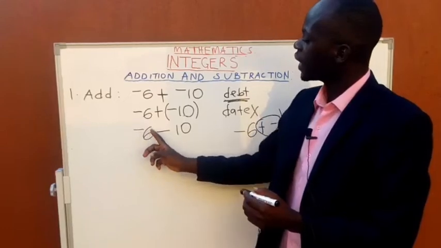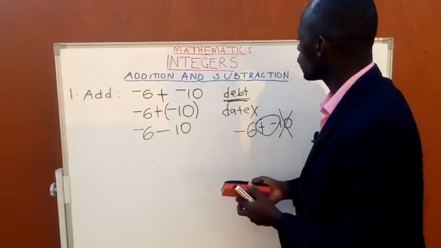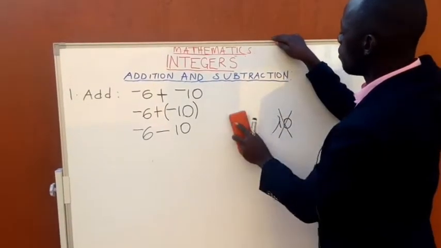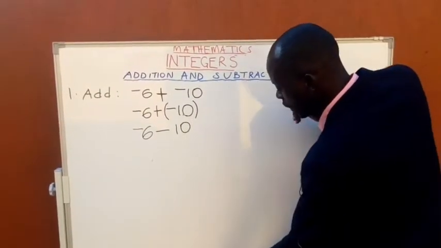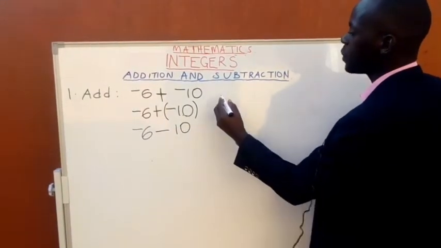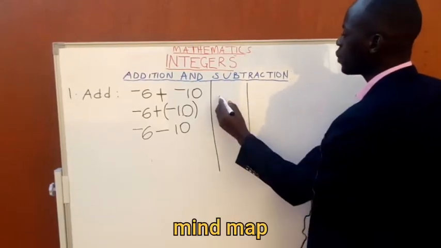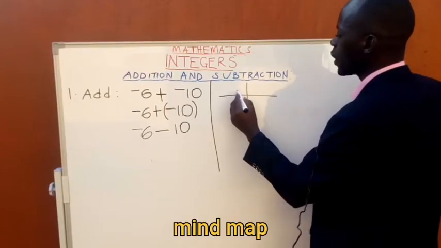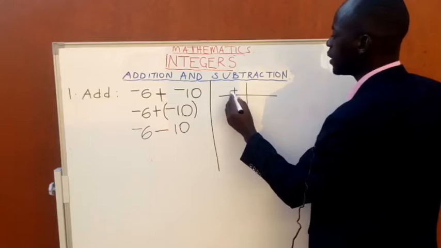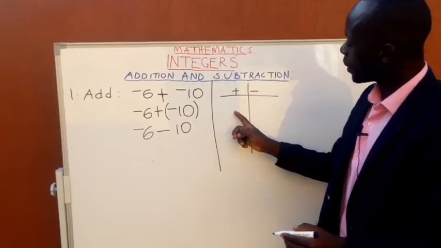Now, these negatives, when we are using what we call a mind map, I want us to be very careful here. Learners, and those who are helping those learners, let us be very careful and follow this. This is what we call a mind map. You can have positives here, you can have negatives here. Any positive, you align it here.